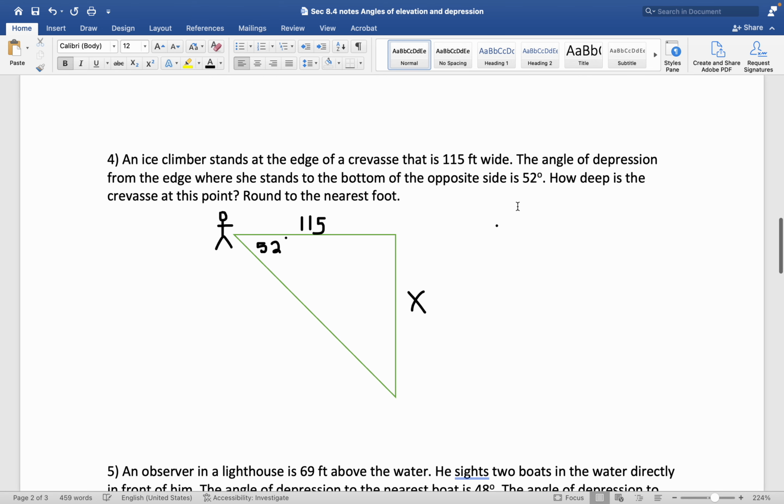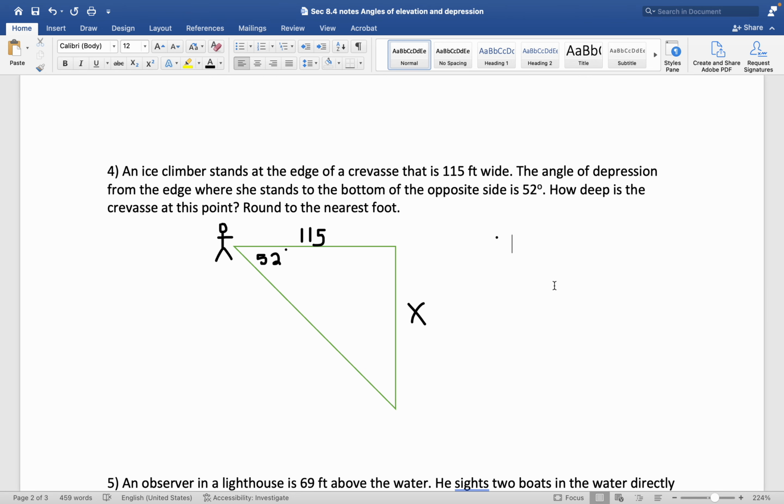Excuse me. All right, let's see if we can type this out now. So what I have here is a 52-degree angle, the opposite is unknown, and the adjacent is 115. So again, I'm going to use the tangent. The tangent of our angle, 52 degrees, will equal x divided by 115.